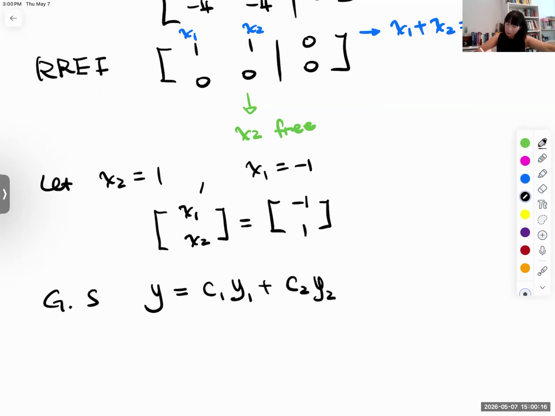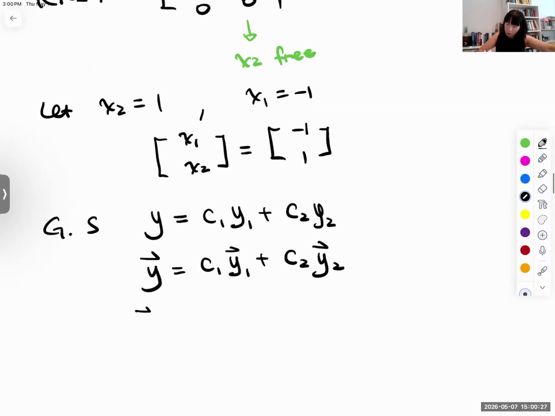But we are talking about vectors, so we change that to c sub 1 y sub 1 plus c sub 2 y sub 2. Then this has the form c sub 1 times, what's y sub 1? With a vector, x sub 1 e to the lambda first t, right?